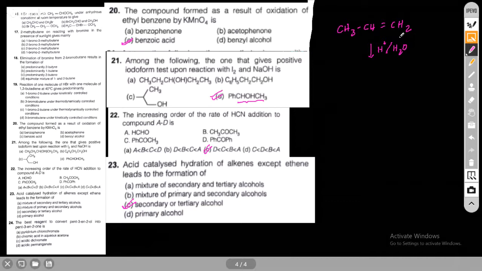What is the product we'll get here? This bond pair will shift here, H plus will come over here and OH minus will go here. So secondary alcohol will be obtained. There are no chances of getting primary alcohol. So secondary and tertiary will be obtained. Tertiary will be obtained by shifting of what? A hydride or methyl shift according to the question. 23, option C is correct. Question number 24.